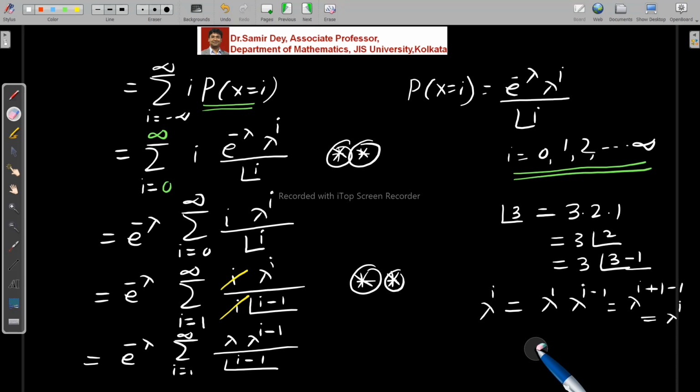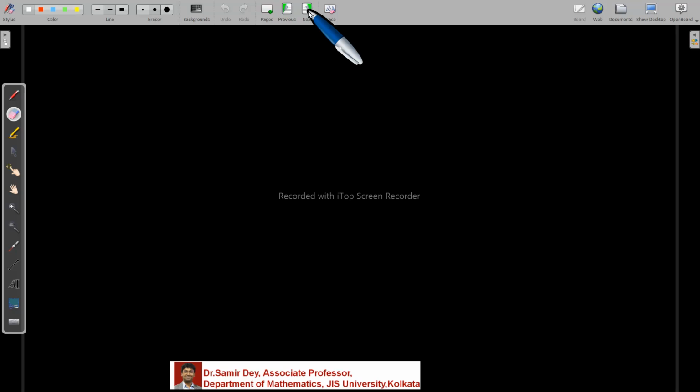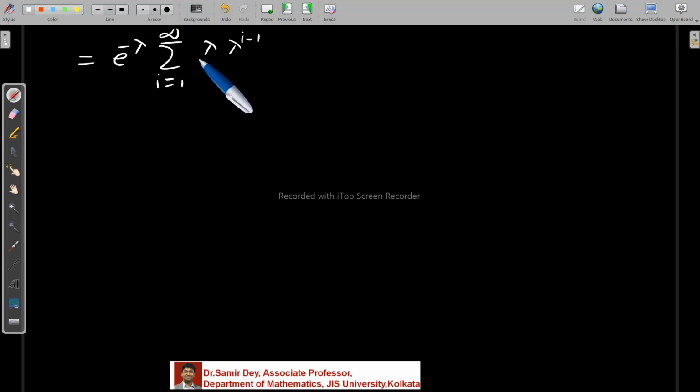So shall I move to the next? Okay. So now you have e to the power minus lambda, summation i equals 1 to infinity lambda, lambda to the power i minus 1 by factorial i minus 1.